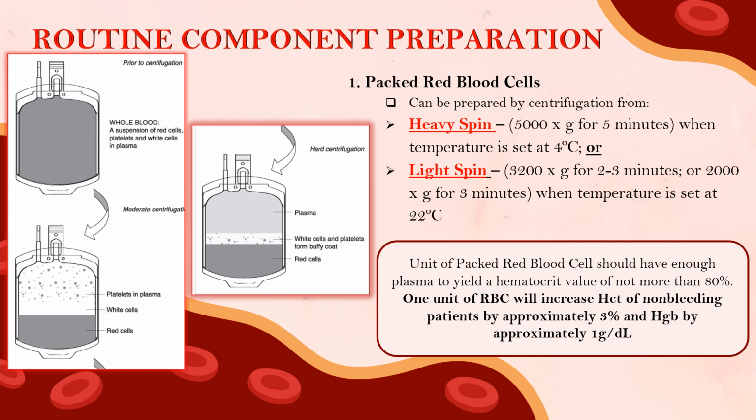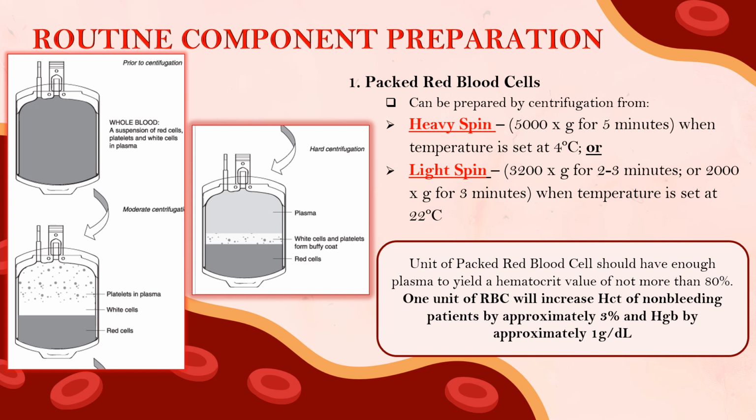So when we intend to perform a platelet concentrate separation process from a single whole blood unit, we should use light spin. And if we do not intend to produce platelet concentrate, we can use heavy spin already. So we have here illustrations of your blood bags. Prior to centrifugation, we have your whole blood.